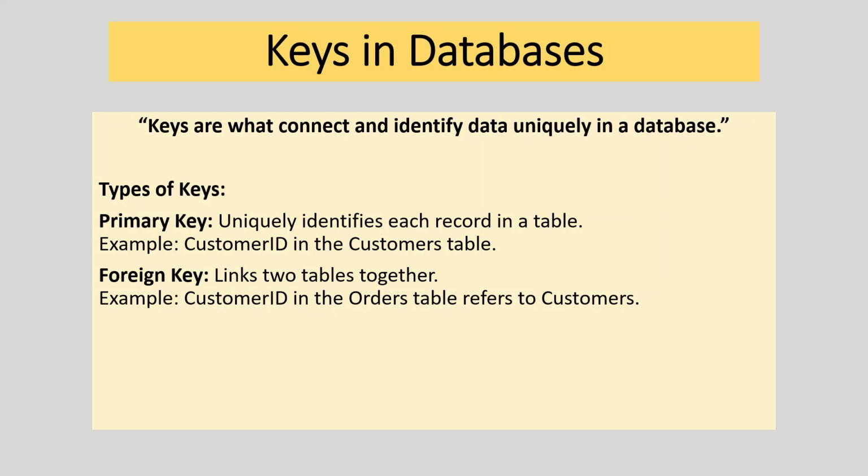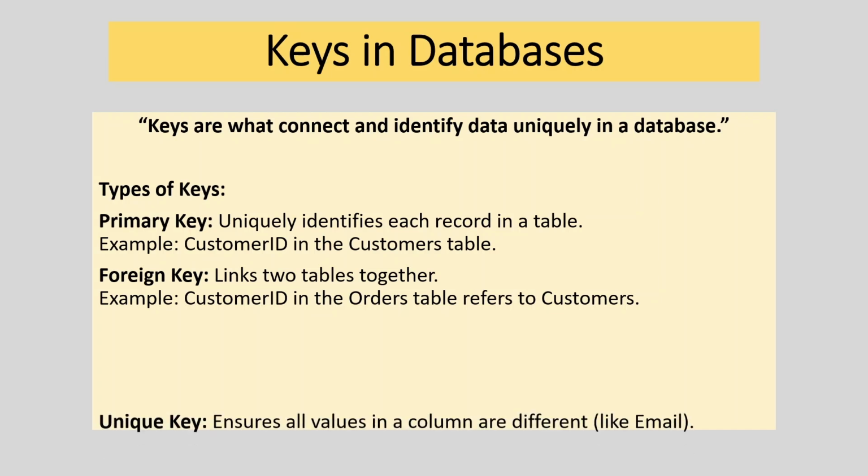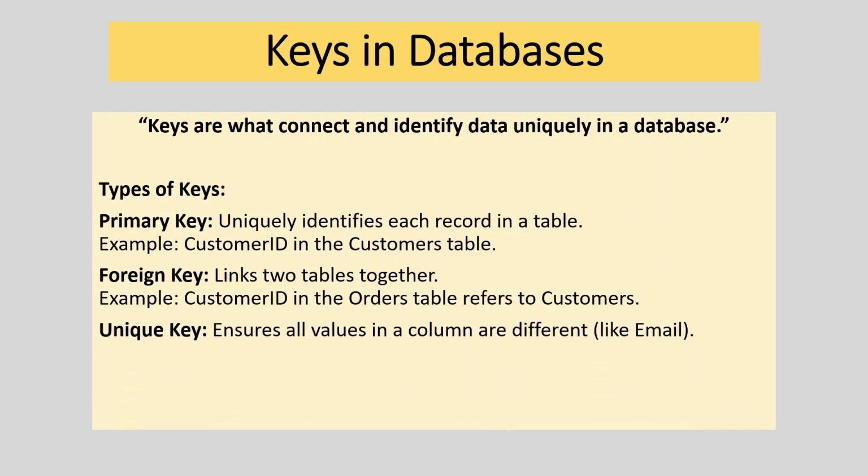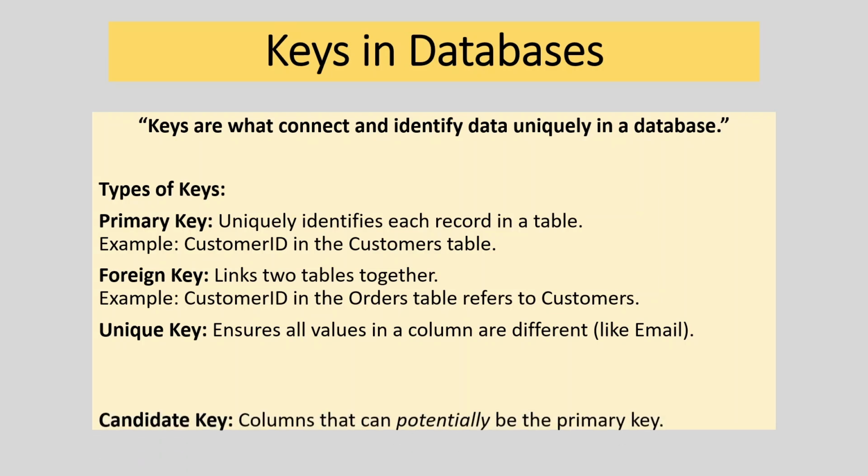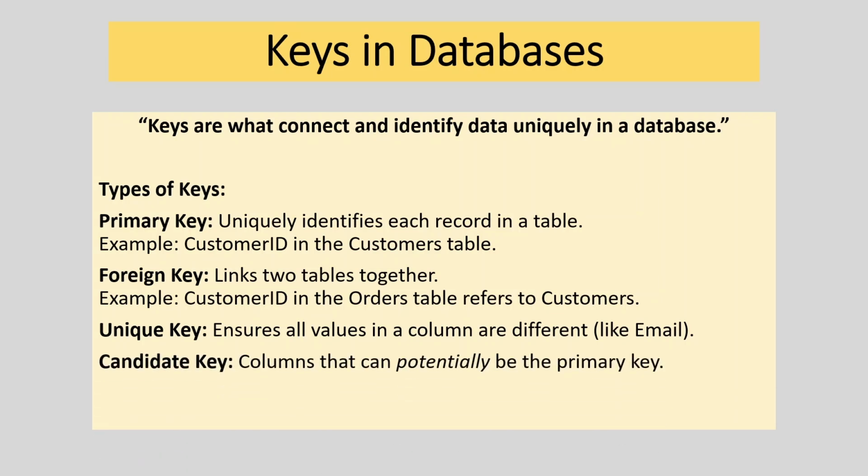It links 2 tables together. Example, the same customer ID in the orders table is a foreign key. I'll explain this with an example for better understanding. The third one is unique key. It ensures all values in a column are different. Example, email. Fourth, candidate key, which is columns that can potentially be a primary key.